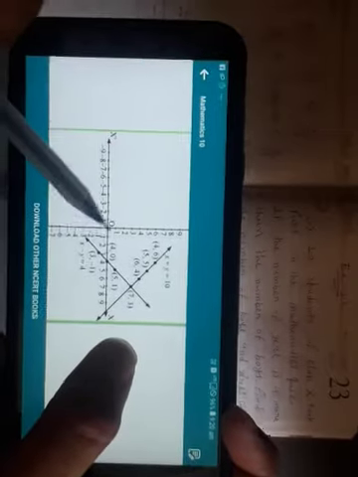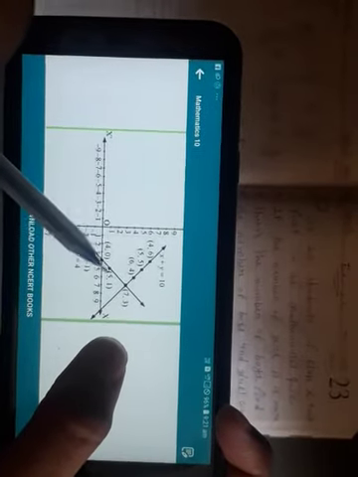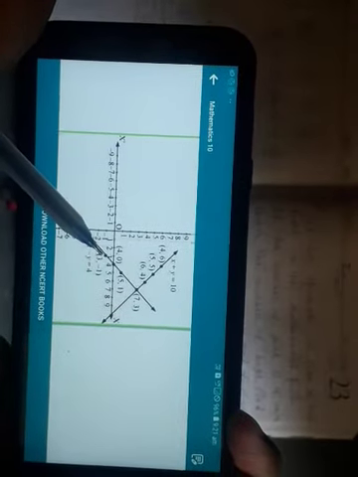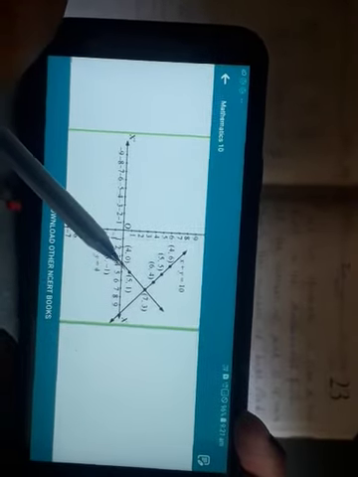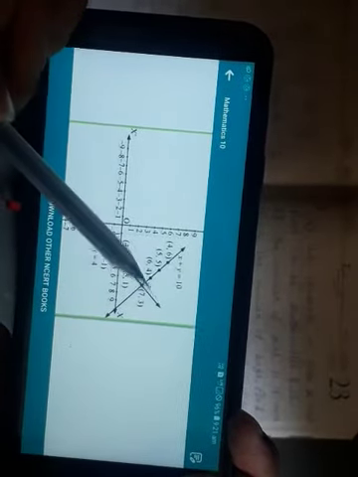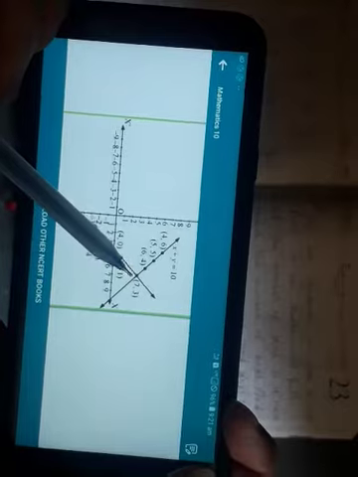So in the same graph they put x = 5, y = 1, that is 1 point. Here they have the second point and here is the third point, (4, 0). They draw a line from that, and the intersection point is the solution.